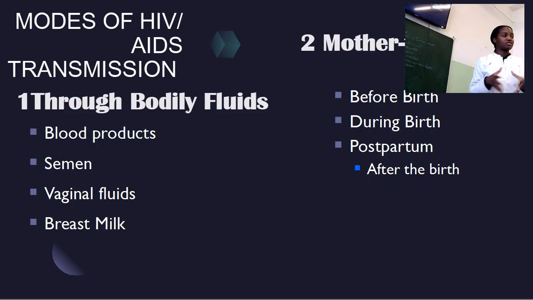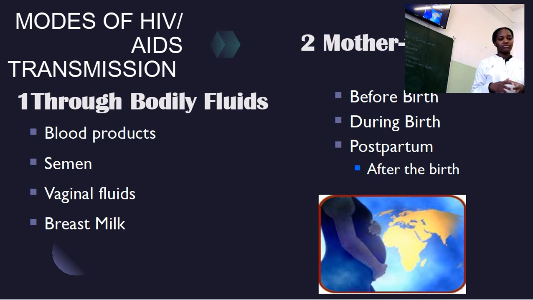And then modes of transmission of HIV and AIDS, there are about 4 that I've mentioned in this presentation. So we have through body fluids, through mother to child, through intravenous injections, and lastly through sexual contact. Through body fluids we have blood products, semen, vaginal fluids, and breast milk. Through mother to child, this is maybe during birth, maybe even before birth, and sometimes postpartum, after the birth, when the child is drinking milk from the mom.